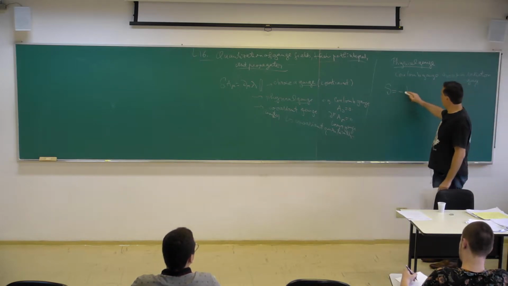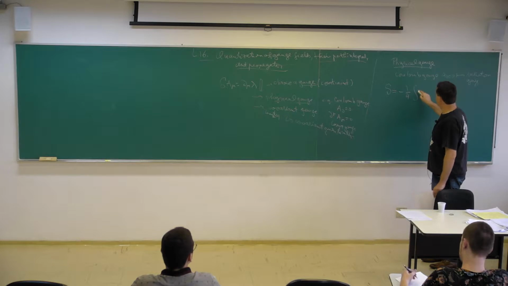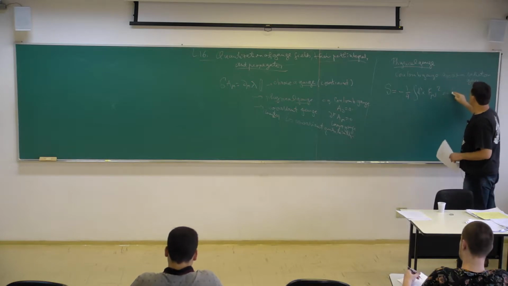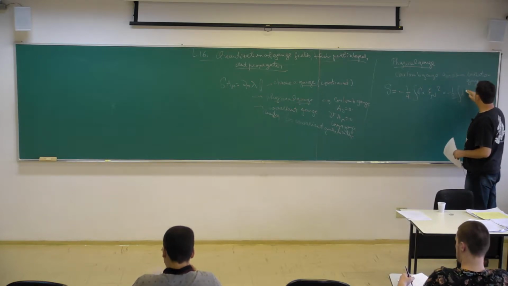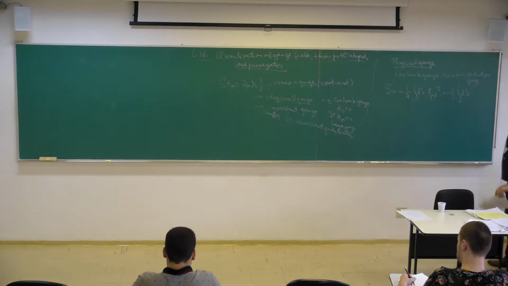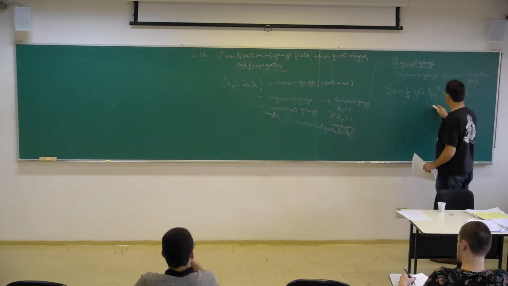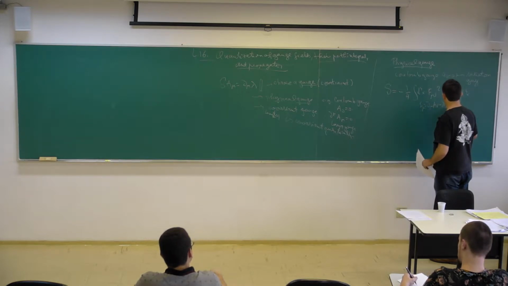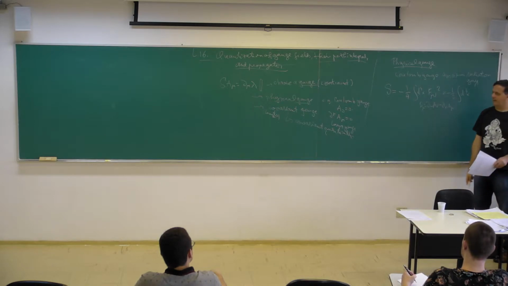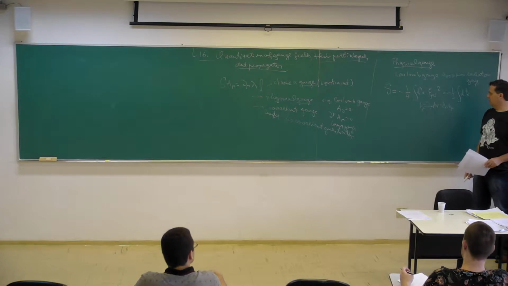We start with the action for electromagnetism, which can be written explicitly, now remembering that F mu nu is d mu A nu minus d nu A mu. So there are two terms in here, and then when I square it I get four terms, but they are two by two the same.